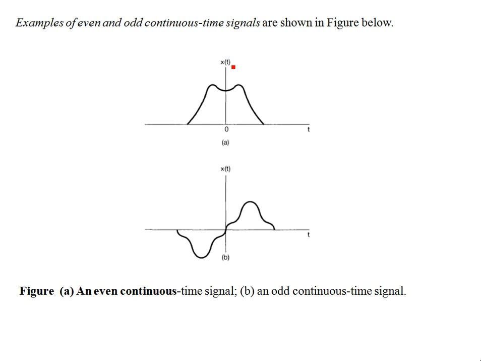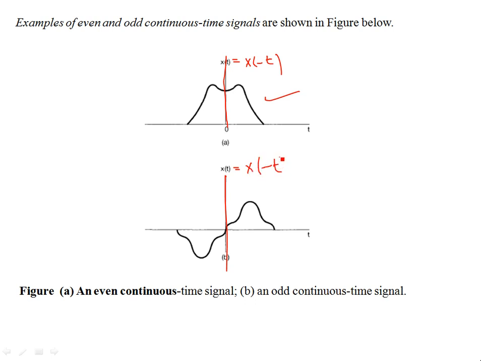Okay, so this is a further example of even and odd. You can see this signal. If I flip this around the vertical axis, the flipped version will be the same as x of t. So this is an even signal. So the first signal is an even signal. In part B, if I'm going to again flip this around the vertical axis at t equal to 0, then this is going to come with a negative sign.